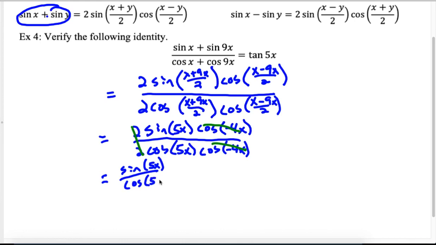Well, we know that sine of some angle over cosine of that same angle, remember, as long as these are exactly the same, sine over cosine is just equal to tangent. So this is just equal to tangent of 5x. And we have used our sum to product formulas to prove this identity.